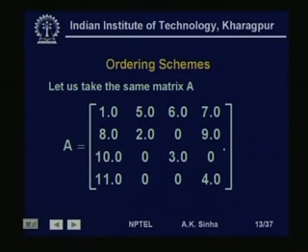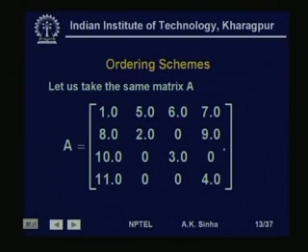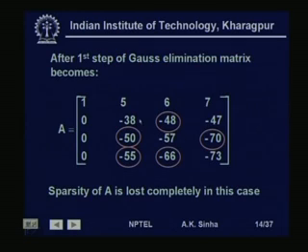Now, let us see what happens if we do the factorization for this kind of matrix. If we take the same matrix that we used earlier, and try to use the Gauss elimination method for factorizing it, then after the first step of Gauss elimination, that is reducing all the elements in the first column to zeros, all these elements which were 0 are now getting filled in.